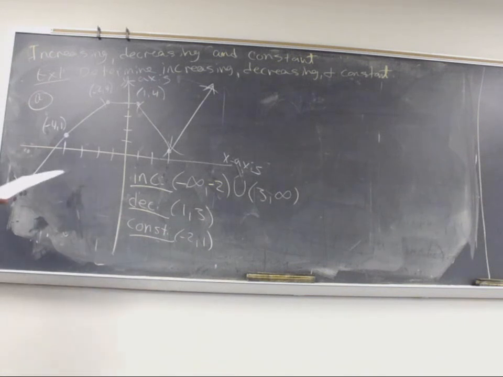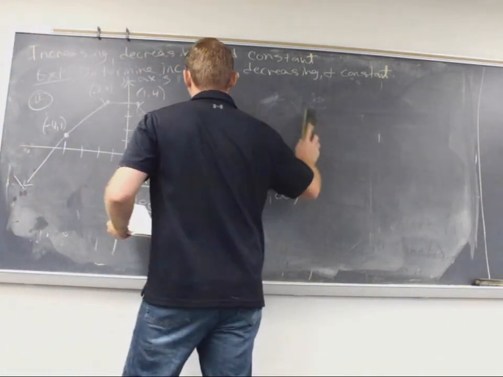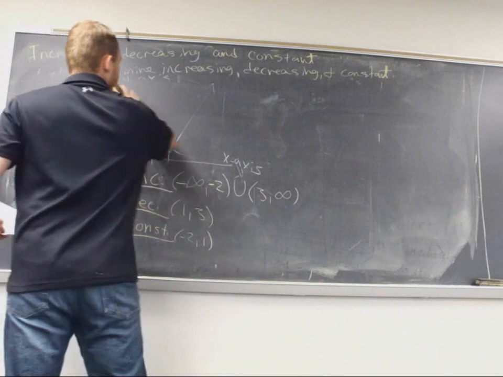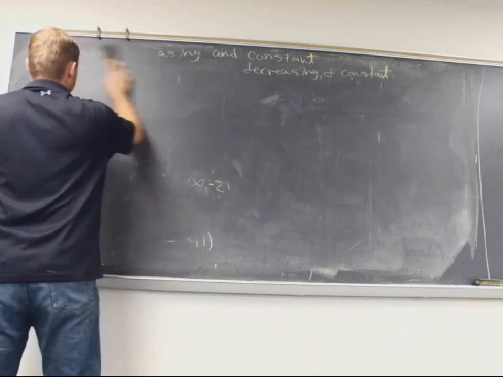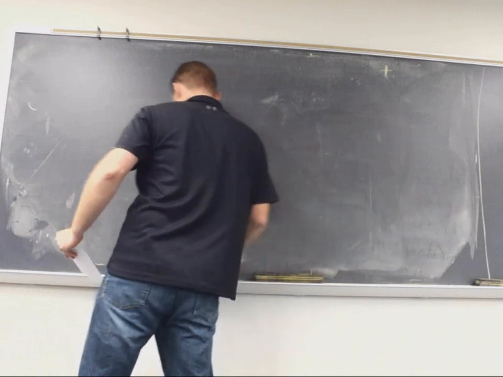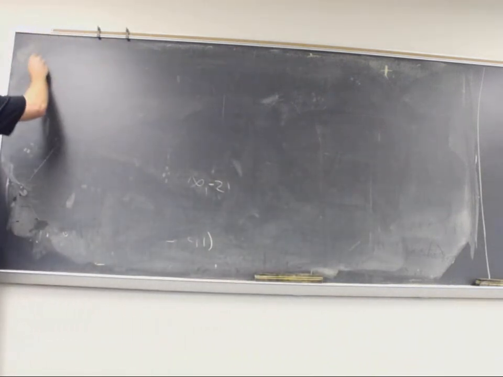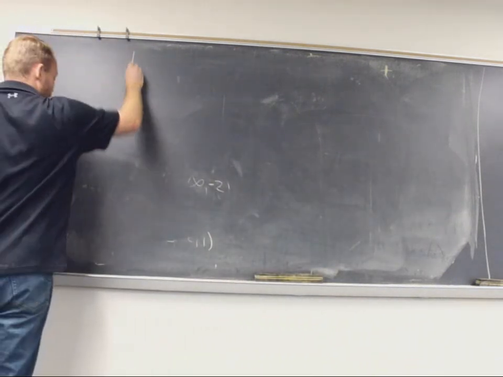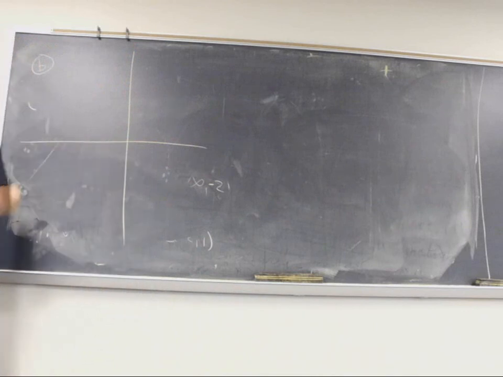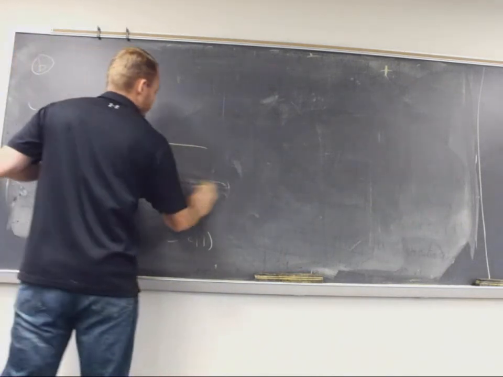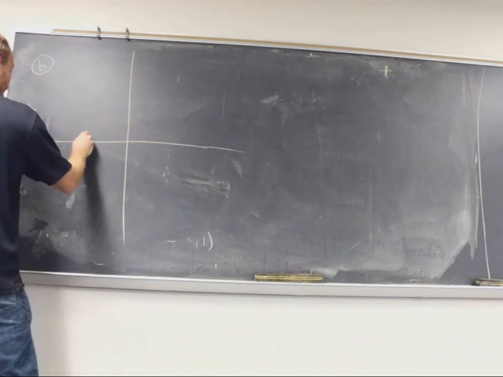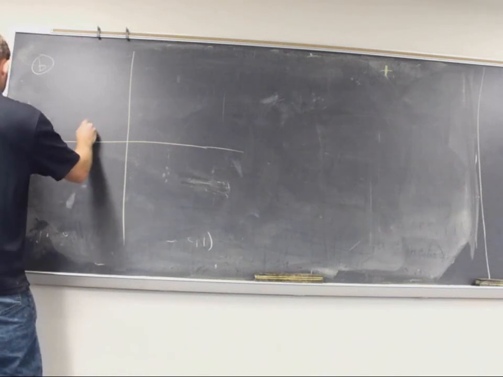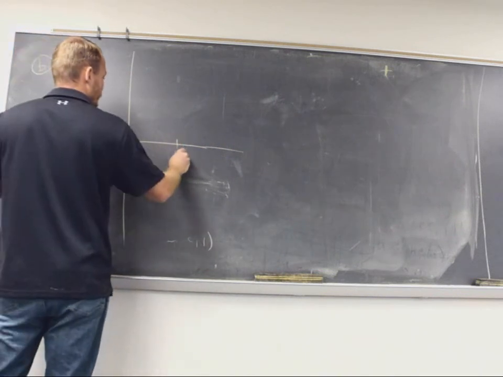All right, let's look at another. Call this part B. And then another graph. All right, so just to make things easier, I'm going to say this is -3 and this is 4.